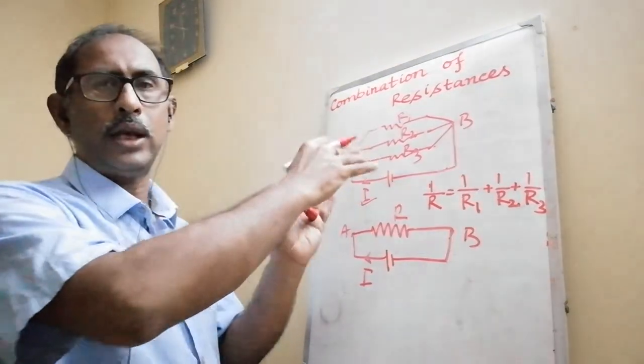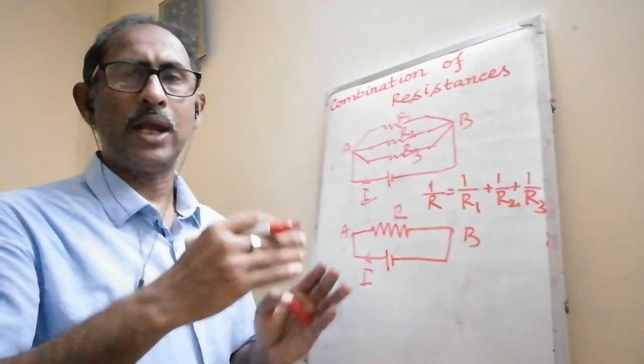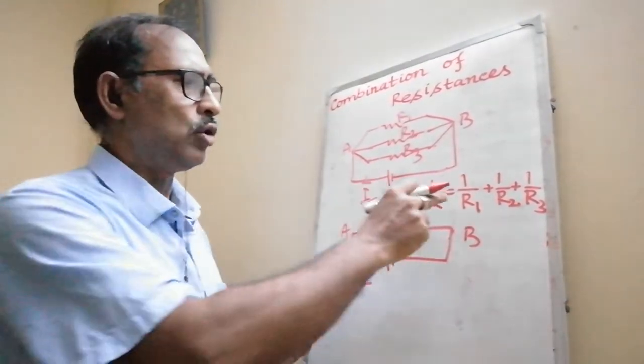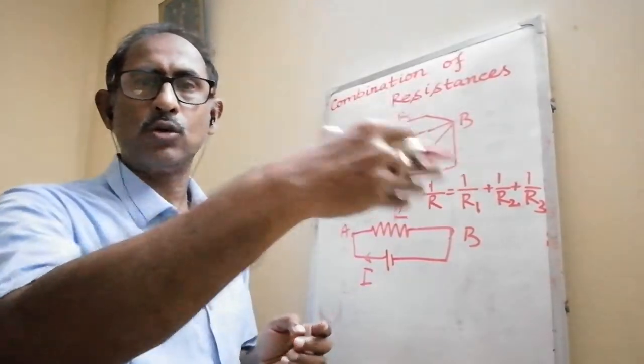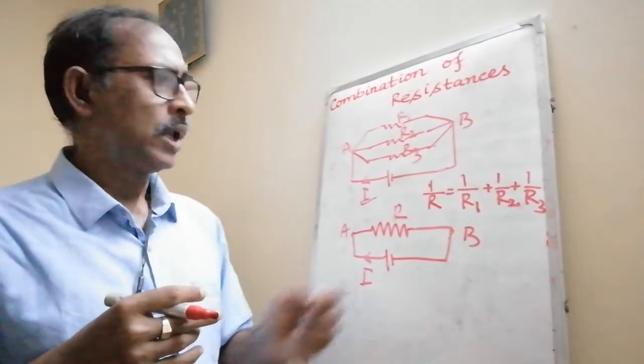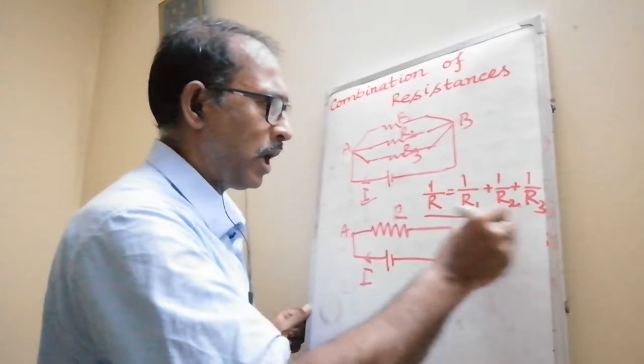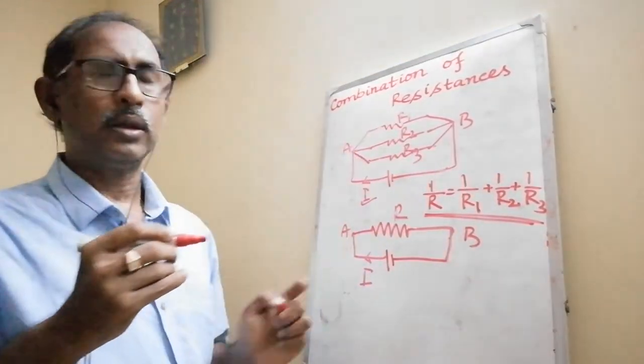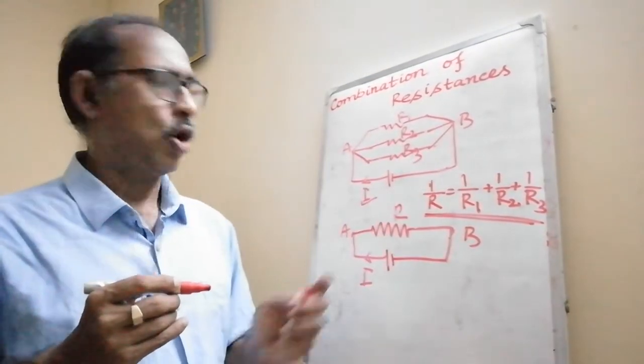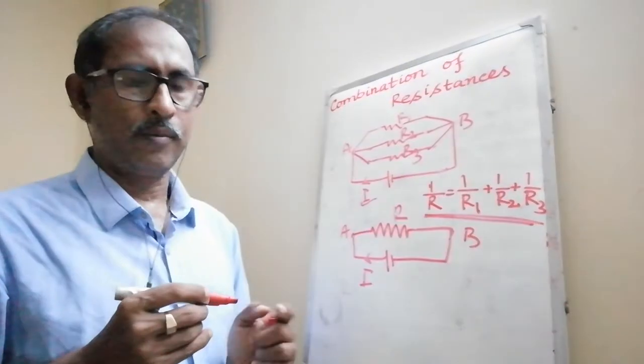If there are more than 3 resistances, then it will be plus 1 by this, 1 by this, 1 by this. By this formula you can calculate the equivalent resistance of the parallel circuit.